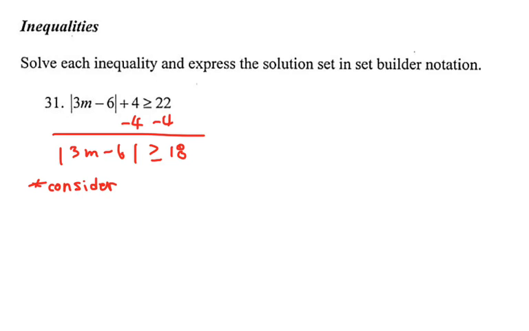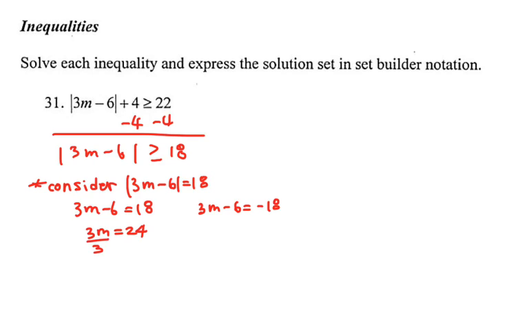Now, to solve this inequality, let us consider the equation, because that will give us the boundaries. Then, in this case, as you can see, 3m minus 6 will be equal to 18. And 3m minus 6 would have been equal to negative 18. We have two different cases. So for the first case, by adding 6, we get 3m must be equal to 24.